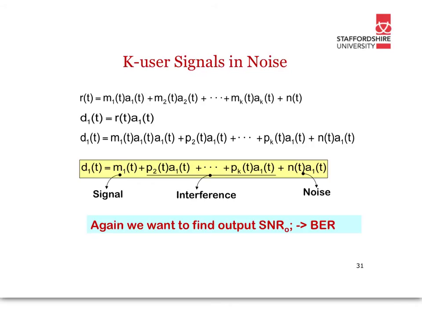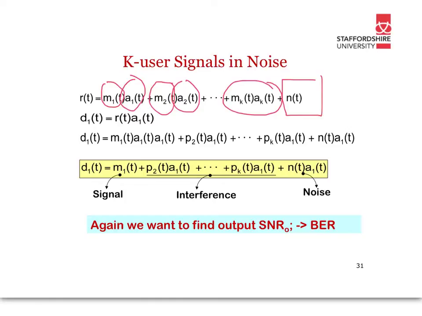As I've already mentioned, at the receiver side we have our actual message times our spreading code, so message 1 times spreading code 1, plus message 2 times spreading code 2, all the way up to message K times code K, plus our noise.